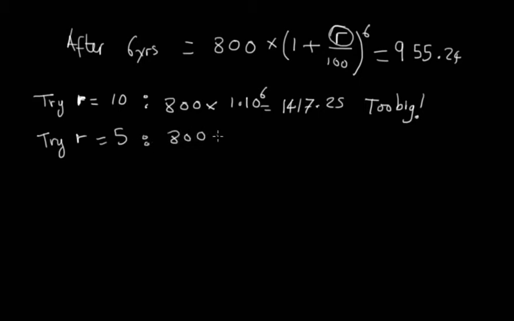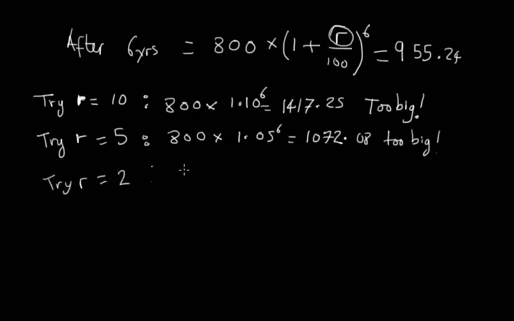So again, 800 times 1.05 to the power 6 is going to give us £1,072.08. Still too big. So we're going to try R equals 2. When we slot all the numbers in, we get £923.